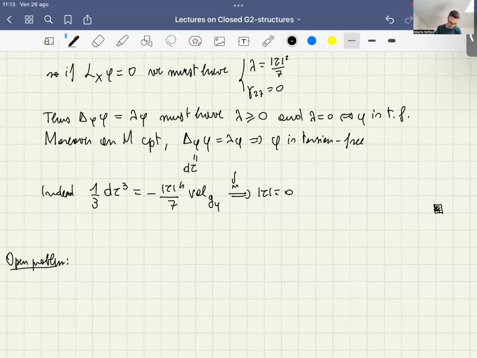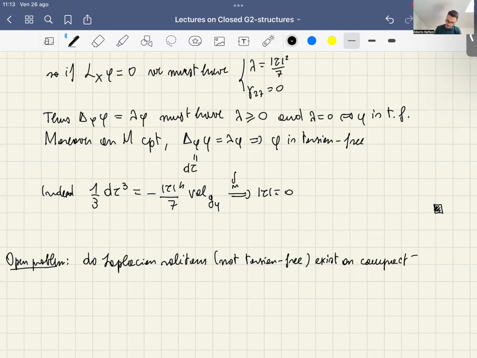So the open problem is the following: do Laplacian solitons, of course not torsion-free, as otherwise we know the answer, exist on compact 7 manifolds? So there is no compact example of this type so far.